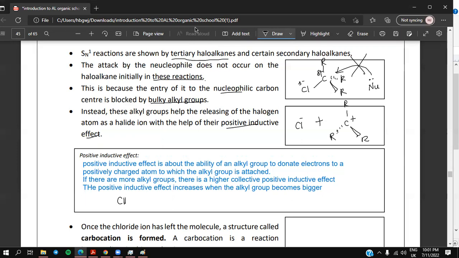CH3 has a positive inductive effect. It is smaller than the positive inductive effect of CH3CH2. And this has a lesser positive inductive effect than CH3CH2CH2, etc. Please complete this.